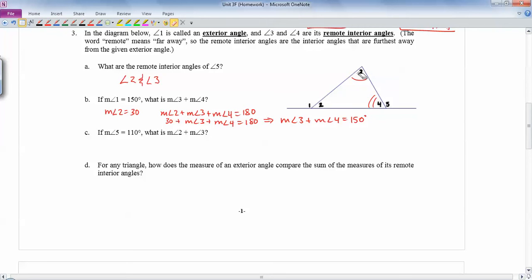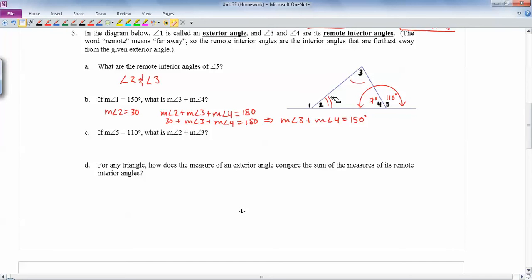So let's take a look at part C that says if this angle is 110 degrees, what's 2 plus 3? Well, if 5 is 110, I'm going to do this without writing out all that detail. If 5 is 110 degrees, then 4 would have to be 70 degrees because these two together would have to be 180.